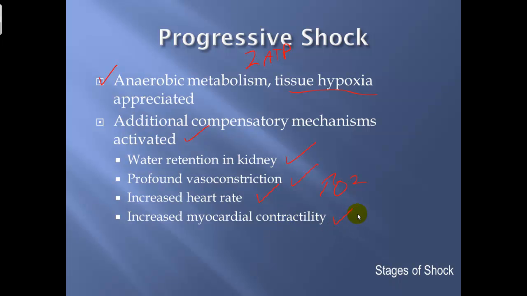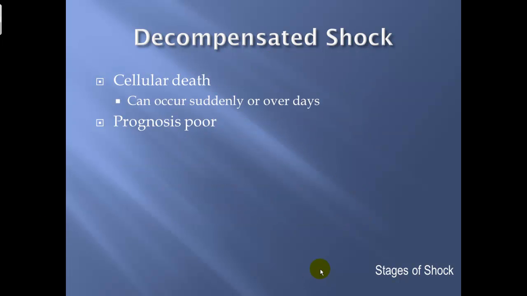Increased myocardial contractility, also an increase in oxygen demand. Decompensated shock, we get cellular death. Can occur suddenly or over days. If we cannot get ahead of the physiology that's in play, then the patient will die. The prognosis for decompensated shock is poor.